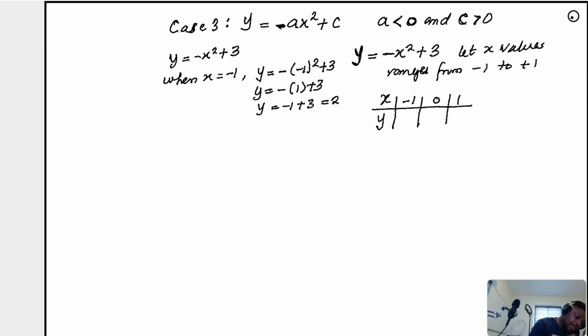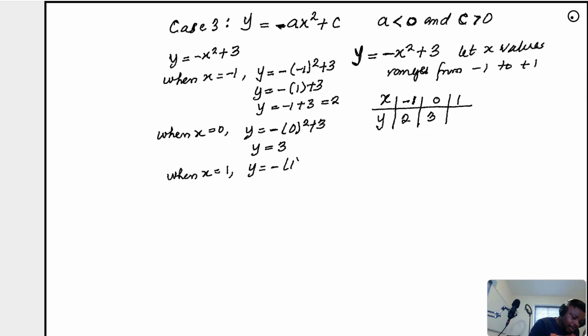So when x is minus 1, y is 2. So when x is equal to 0 now, y is equal to minus 0 squared plus 3. So y is equal to 3. Then when x is equal to 1, y is equal to minus 1 squared plus 3. This is minus 1 plus 3. Then that is 2.